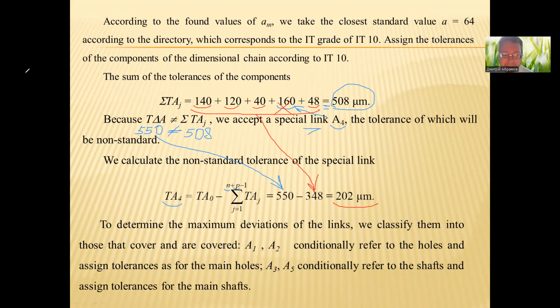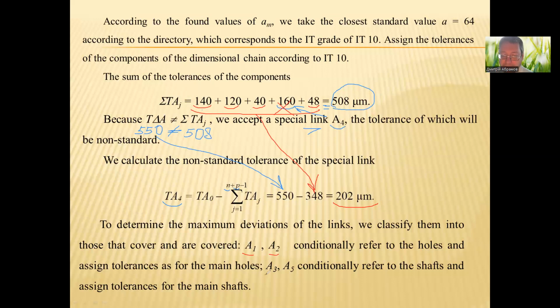To determine the maximum deviations of the links, we classify them into those that cover and are covered. A suffix 1 and A suffix 2 conditionally refer to the holes and assign tolerances as for the main holes.